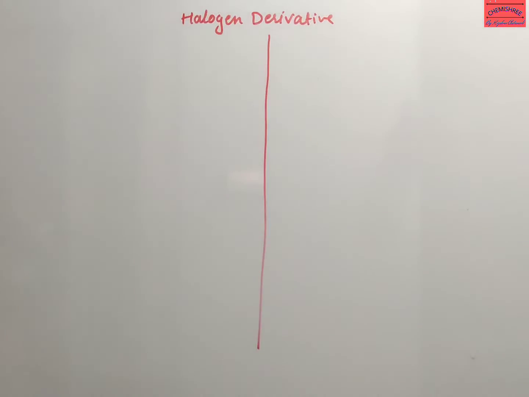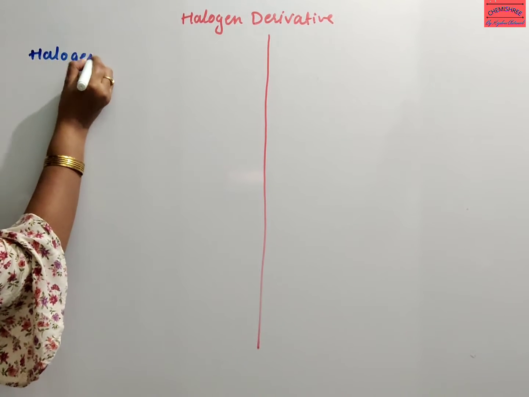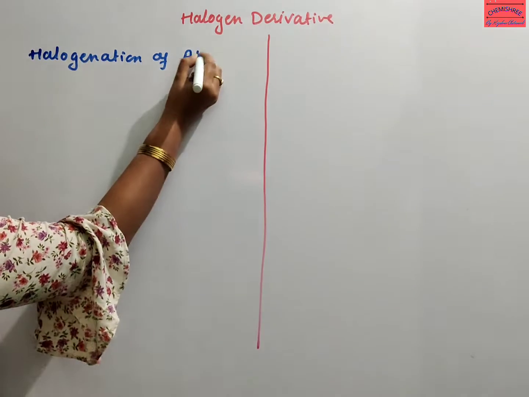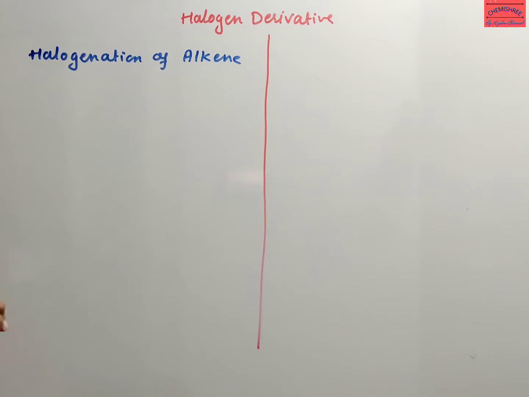In today's video, let us start with halogenation of alkene. So there are two possible reactions that we are going to write over here.